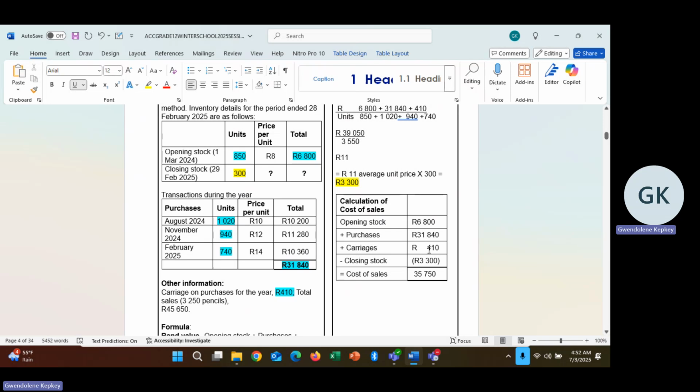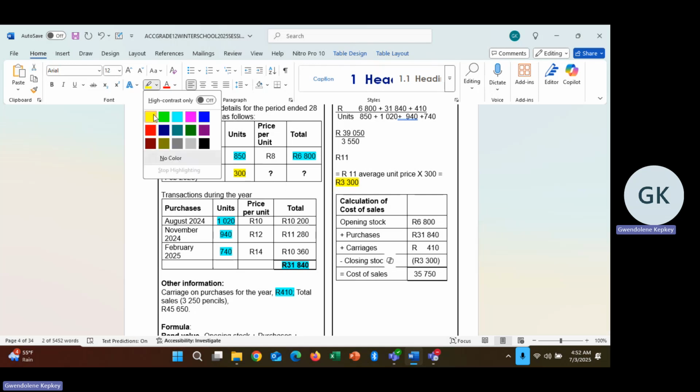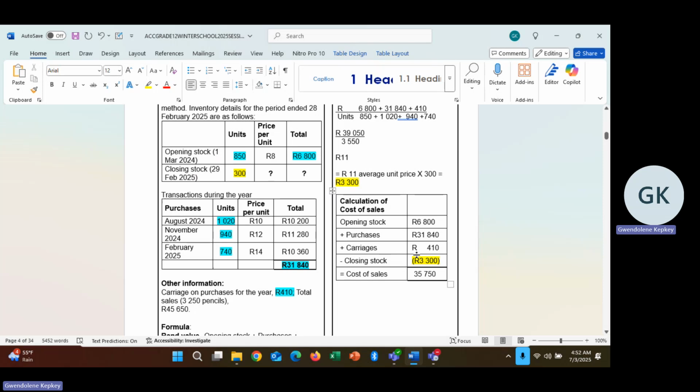Just take cognizance that there could also be customs duty should the business be importing goods, and then we need to consider that as an additional cost that needs to be added in the calculation of cost of sales. Then we have now just calculated what my closing stock is, applying the weighted average method, or the WAM, and then we deduct that 3,300, we will end up with cost of sales of 35,750.